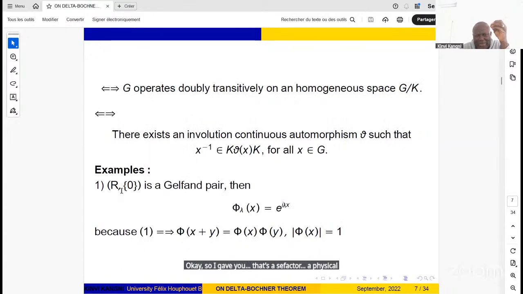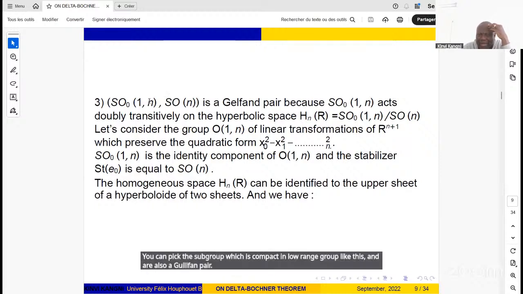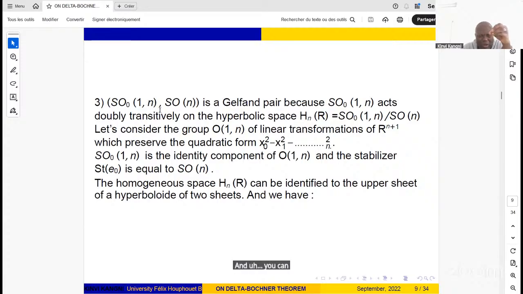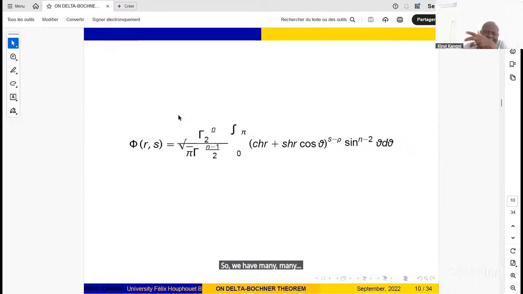When you have R and the trivial subgroup, you have a Gelfand pair, the classical one, where the spherical function is just the exponential, which you get when you compute the Fourier transform on R. But if you are not in R, for example in the Lorentz group, you can pick the compact subgroup and also get a Gelfand pair, and you can compute the spherical functions. So we have many spherical functions associated to groups in general, which are not necessarily R.